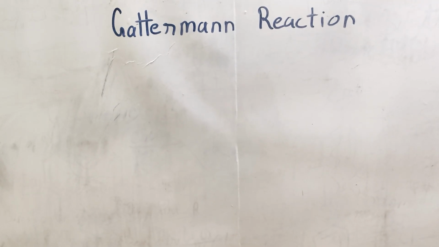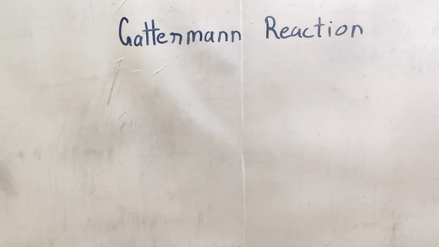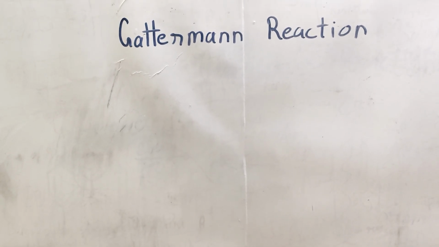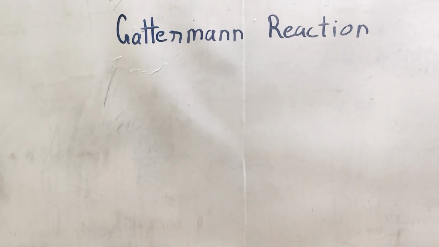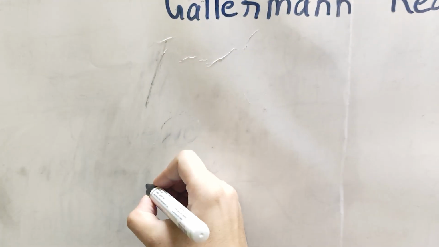It is similar to Sandmeyer reaction, in which diazonium salt is used to form an alkyl halide or aryl halide. So let's see what happens.